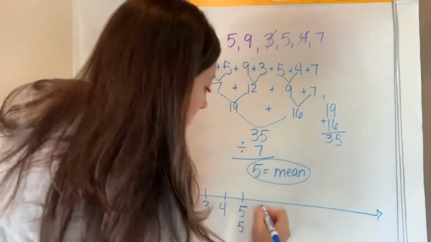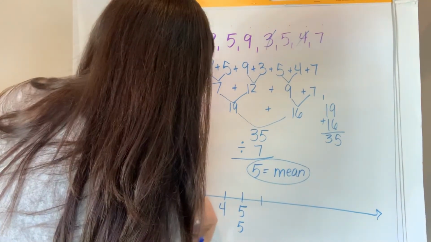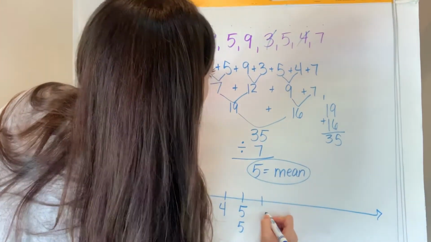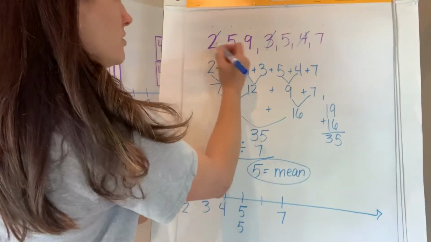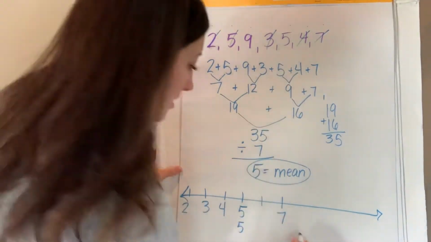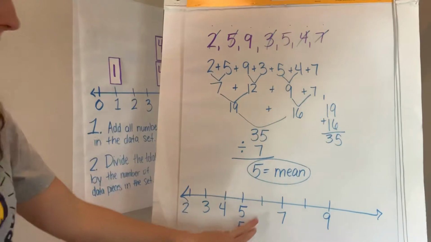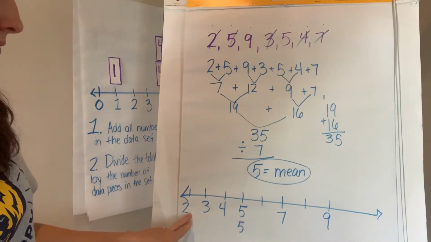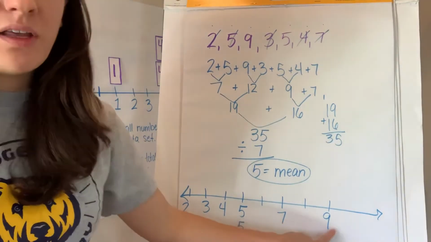Oh shoot, I have a 2 as well. So 2, 5, 5, 7, and no 8, but there's a 9. So we have a 2, a 3, a 4, 2 5s, a 7, and a 9.